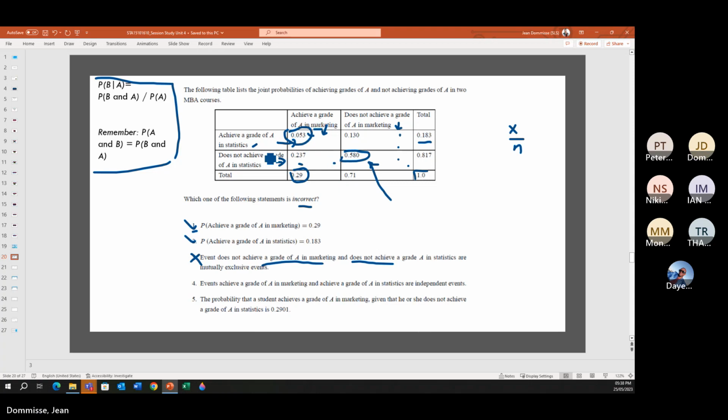For it to be independent, the probability of grade A in marketing and grade A in stats, so that I get an A in marketing and that I get an A in stats, if I multiply those two together, I should be able to get the same answer.